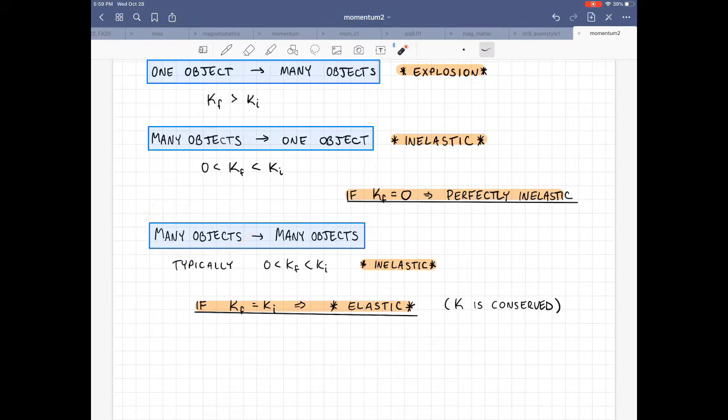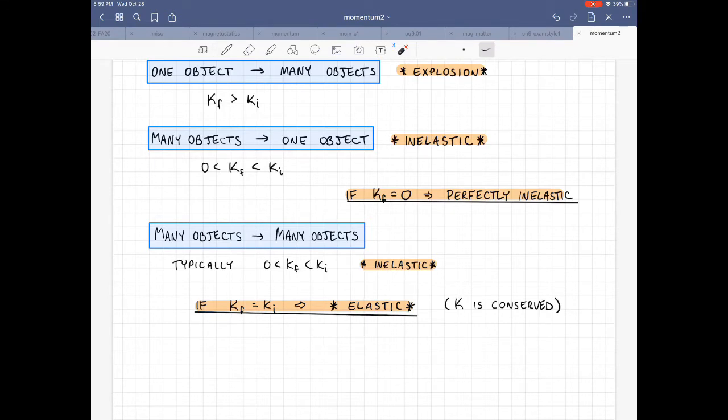Now, the third sort of generic type of collision would be you start with several objects that are distinct, and then there's the collision, and afterwards you still have several objects that are moving around. And so typically this would be an inelastic collision. The final kinetic energy is going to be less than the initial kinetic energy. But in the extreme, you can get the final kinetic energy equal to the initial kinetic energy. And so this is referred to as elastic.